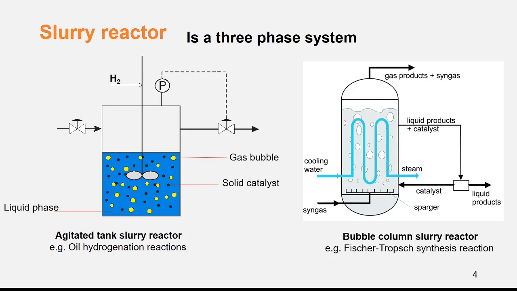Instead of using a packed bed reactor, which can be difficult to control, it is easier to use an inert liquid phase as a heat sink to contain the energy released by the reaction. This can help extend the catalyst life by keeping the temperature low.